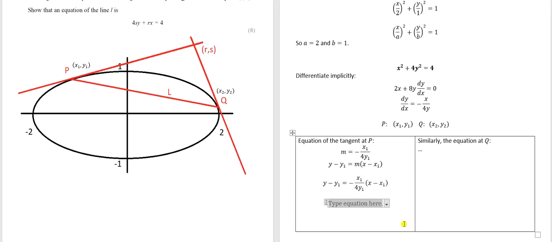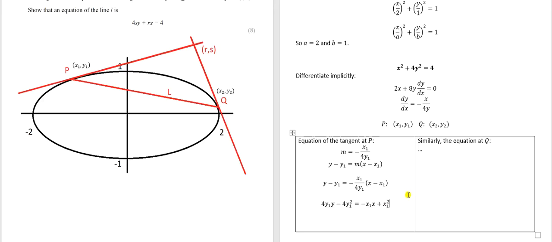Let's multiply both sides by 4y1 because that will get rid of the fraction for us straight away. So we get 4y1y minus 4y1 squared. And on the right hand side, I'm also going to expand out the brackets. So minus x1x plus x1 squared. Now if you look carefully, you'll see we've got the x1x term, we've got the y1y term, then we have a minus 4y1 squared and a plus x1 squared.